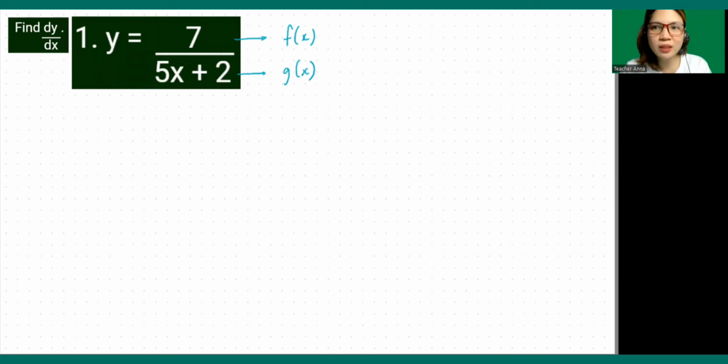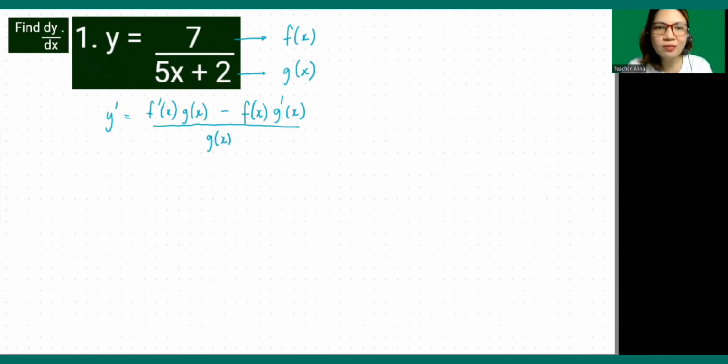So the quotient rule, we have y prime is equal to f prime of x multiplied by g of x minus f of x times g prime of x all over the square of g of x. So let us replace this with our given.